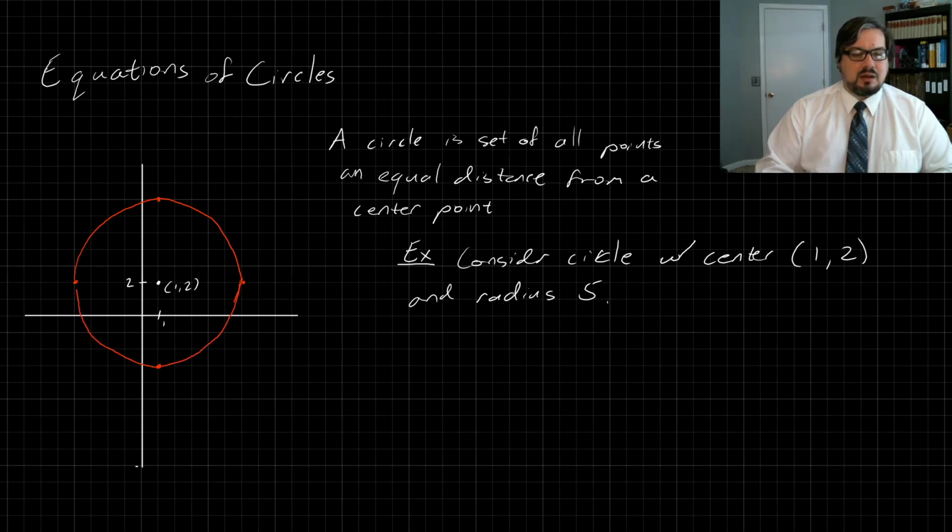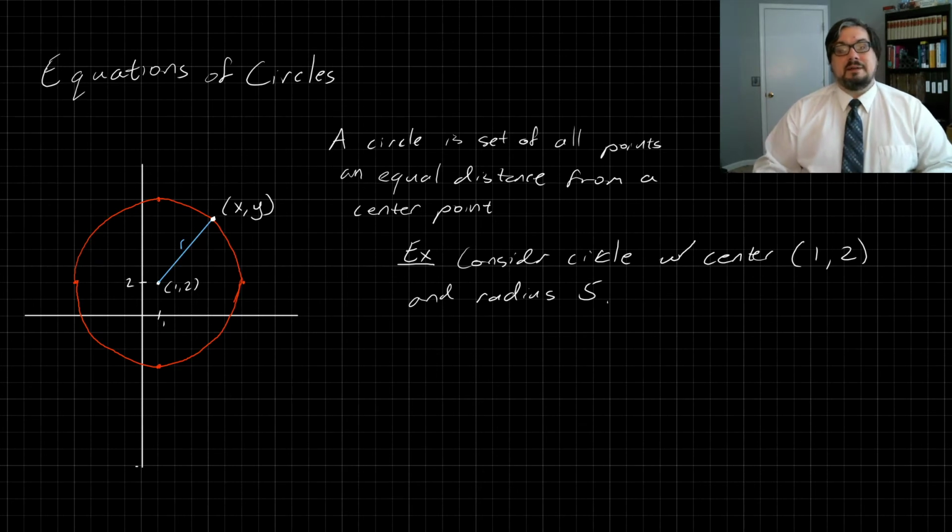So, bear with me. So here we have a circle with radius 5. Let me go ahead and note that radius as well. So if I take a particular point, x, y, that's on the circle, then what I know is that that point is a distance of 5 units away from the center 1, 2.